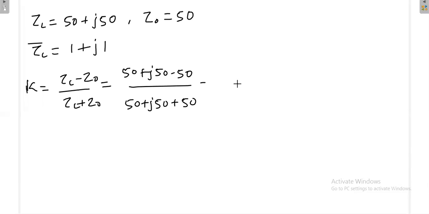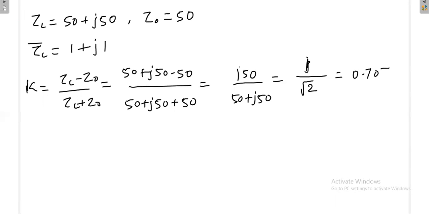Finally, you will get J50 divided by 100 plus J50. Okay, the mistake is there, I'll correct it. It is 100 plus J50, not 50 plus J50.